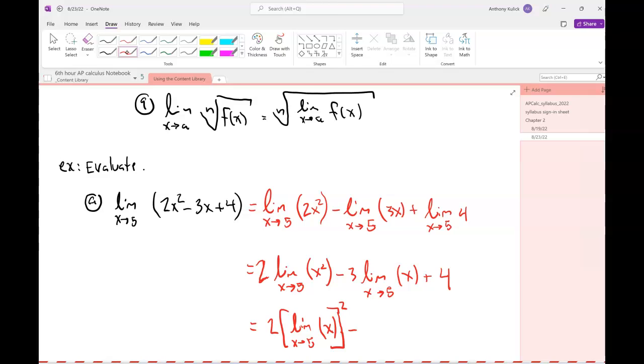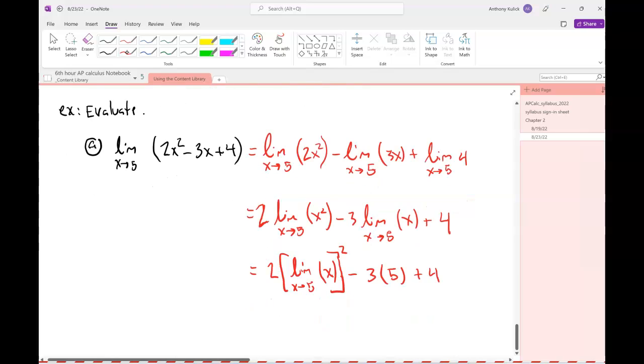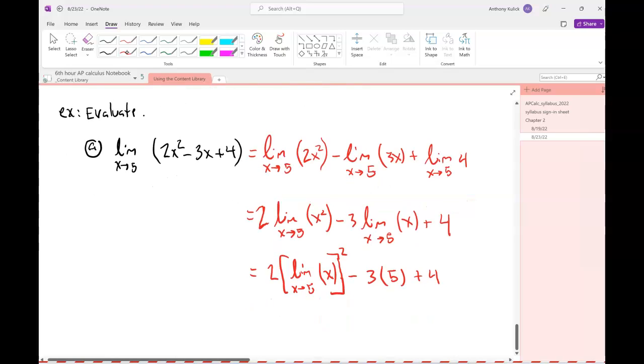And then I'm going to use property 8 on the second limit to replace that x with a 5, or the limit as x approaches 5 of x with just 5. And then I'm going to use that same property 8 on the first limit.